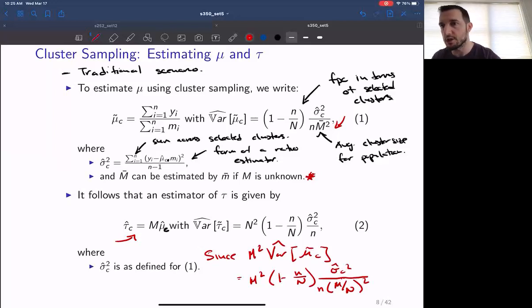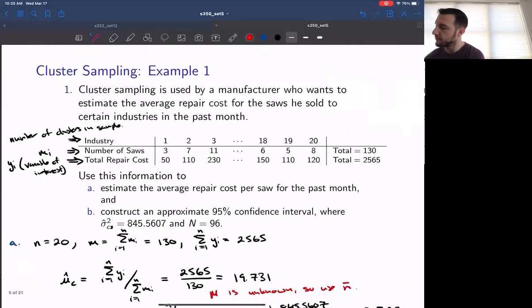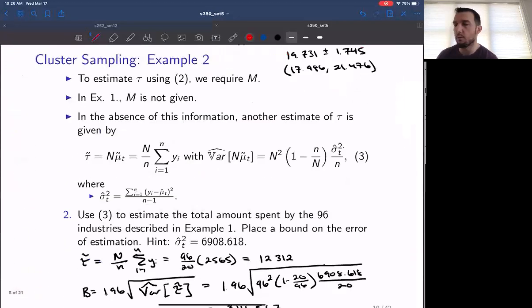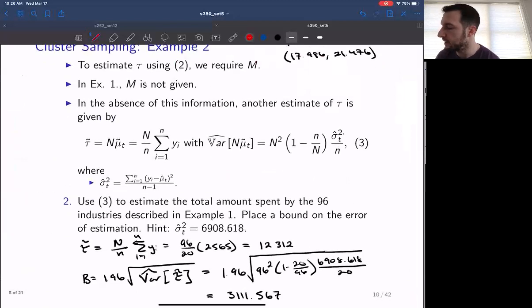This was what we traditionally called capital N, but we now call capital M in the cluster sampling scheme, because capital N represents the number of clusters in the population. If we do not have capital M, we can estimate it using M bar. Alternatively, if we do not have capital M, when it comes to estimating the total, we can use the approach given in equation number 3, which you can see does not depend on M at all.